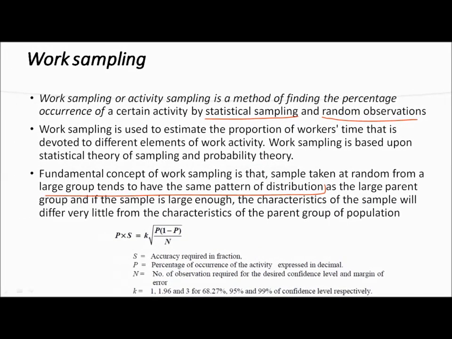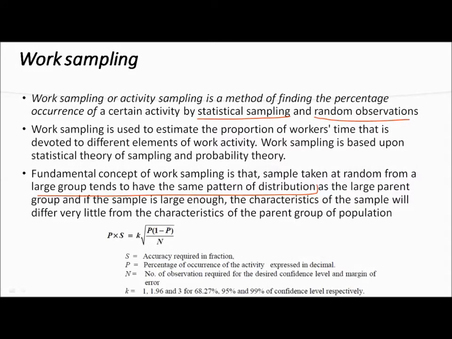Now to do the work sampling, this is the equation which you use, that is P into S is equal to K root P into 1 minus P divided by N. Here S is the accuracy required in fraction, P is the percentage occurrence of the activity expressed in decimal, N is the number of observations required for the desired confidence level and margin of error, and K is 1 when the confidence level is 68.27, 1.96 if the confidence level is 95, and 3 if the confidence level is 99.